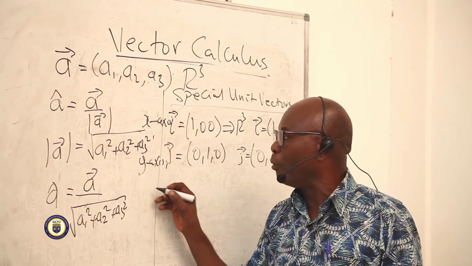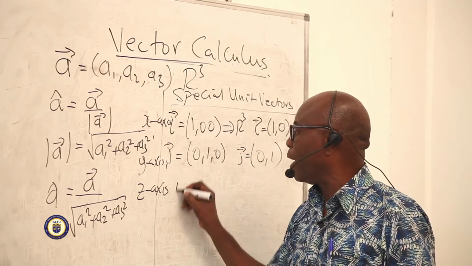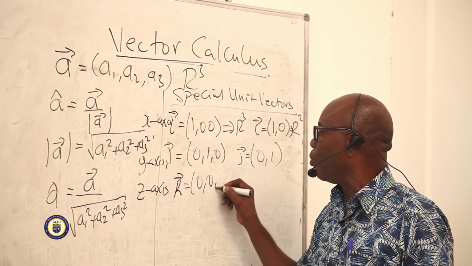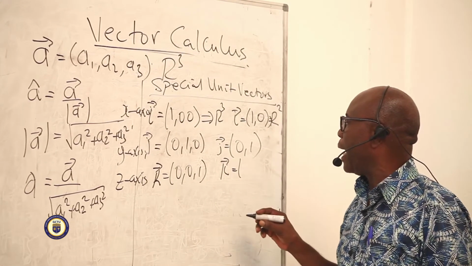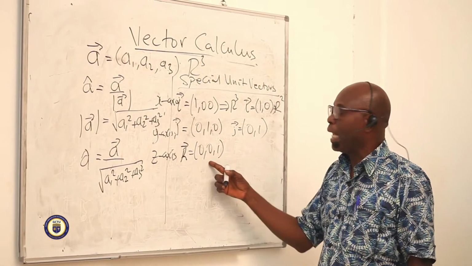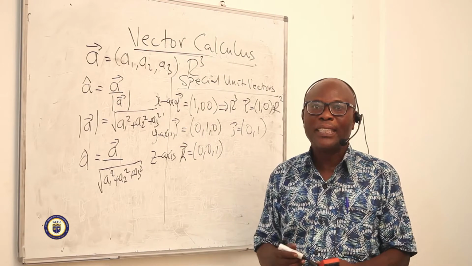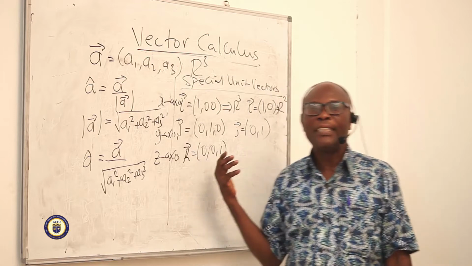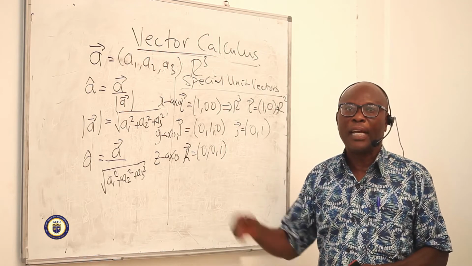Then the third one is the z-axis, where vector K is the special unit vector, defined as 0, 0, 1 for 3 dimensions. For 2 dimensions we only have OX and OY, so we don't have the Z component. The Z component only occurs when we have 3 dimensions.